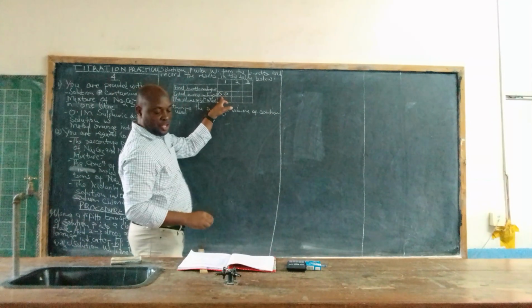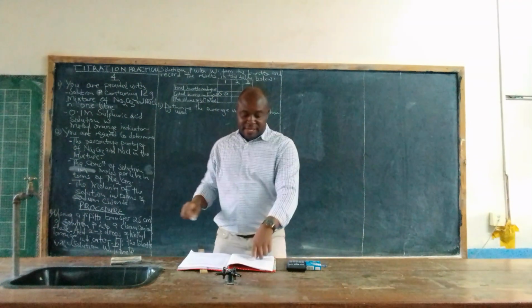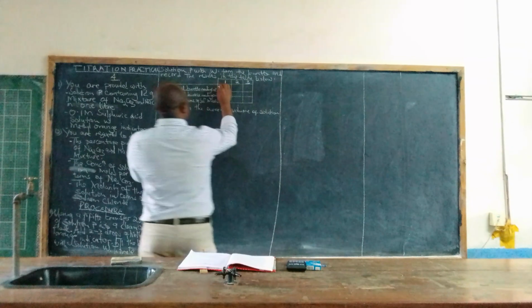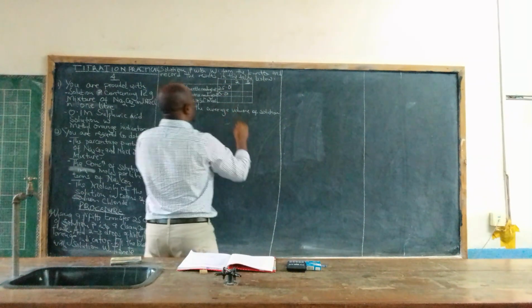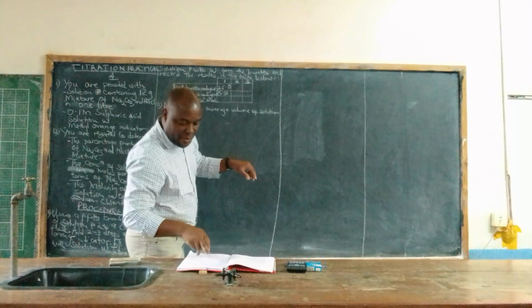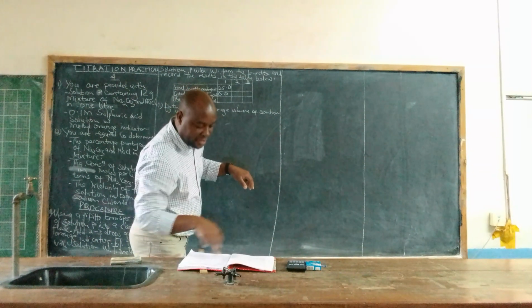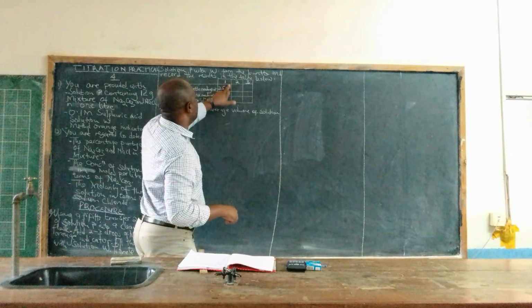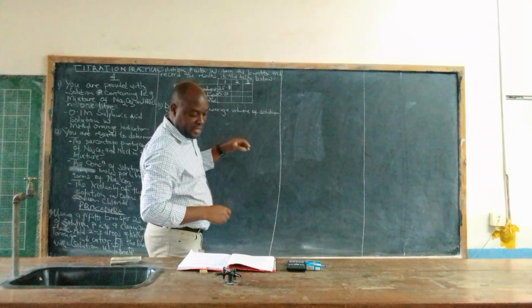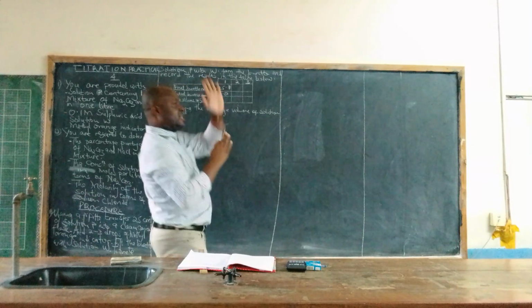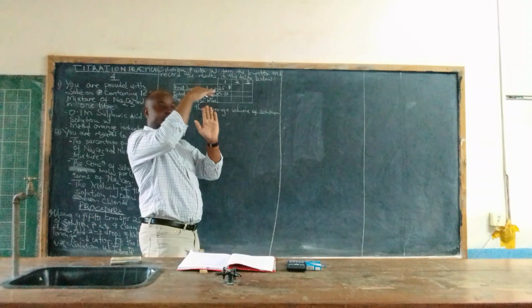So we have titrated, then we assume it changed at 25.0, and then we refilled the burette. And then it changed at, for example, let us say 21.1. Then we refilled the burette up to the zero mark.